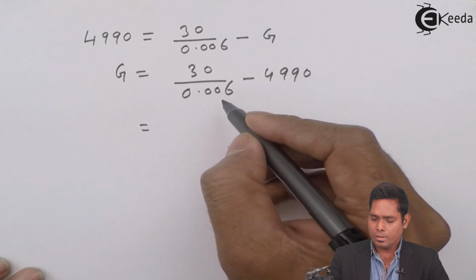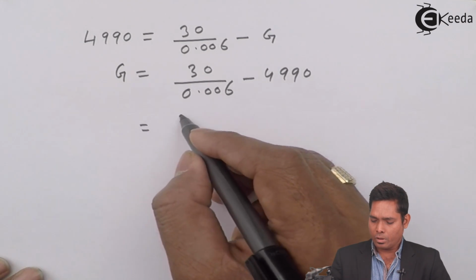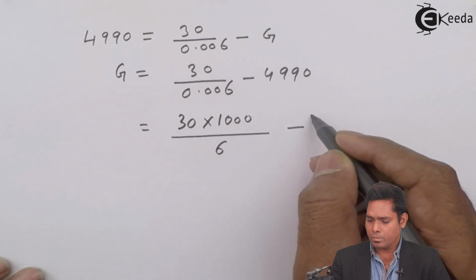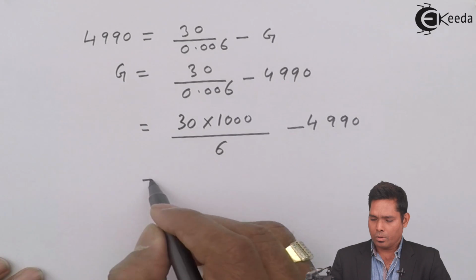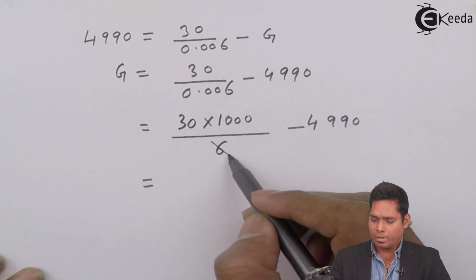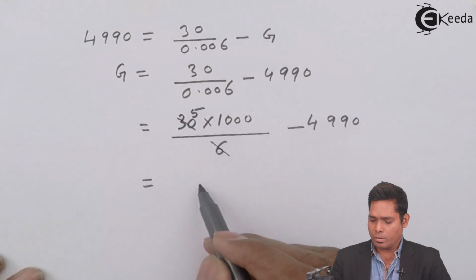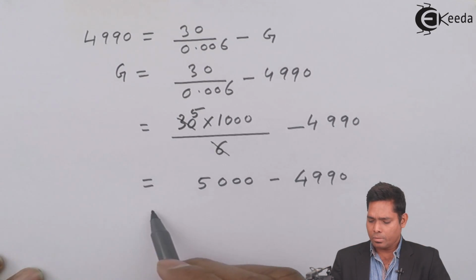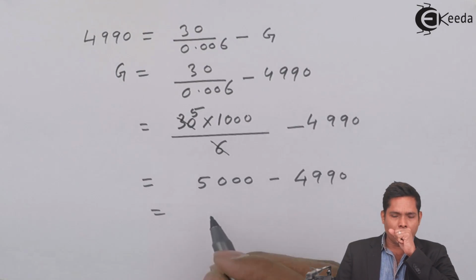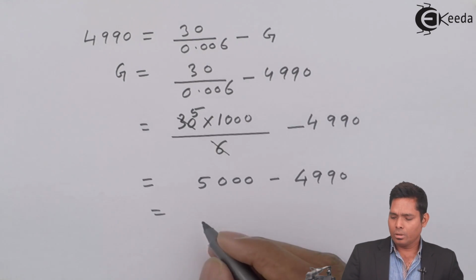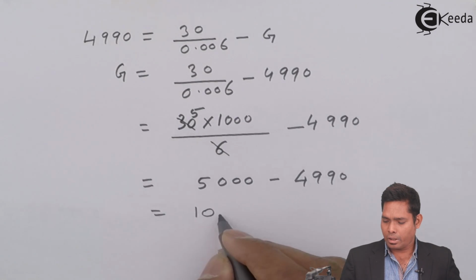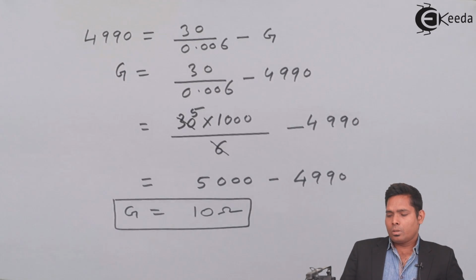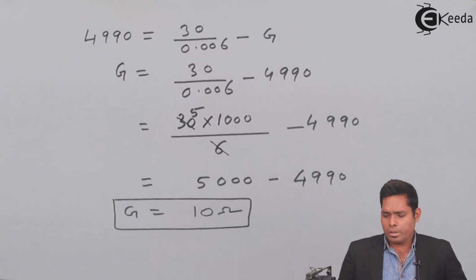If I solve this, you get 30 multiplied by 1000 divided by 6 minus 4990. Six fives are 30, so this is 5000 minus 4990, so it is 10 ohm. The galvanometer resistance is 10 ohm.